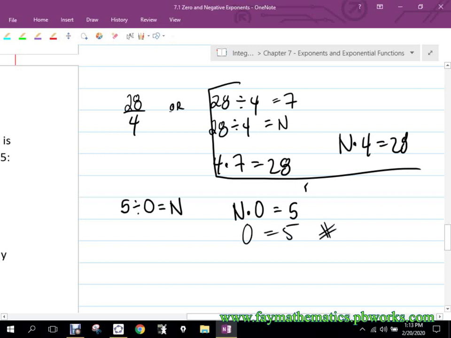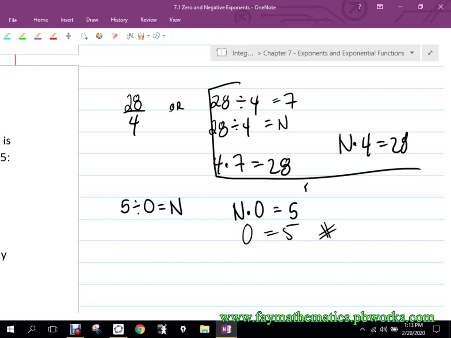That's a symbol we use, like a sideways hashtag. It's a contradiction for what we know. It goes against all the math that we understand, right? There is no number that when you divide by 0 gives you a quotient that you can multiply by 0 to get the numerator. That kind of makes sense to everybody? So that's why you cannot divide by 0, okay?